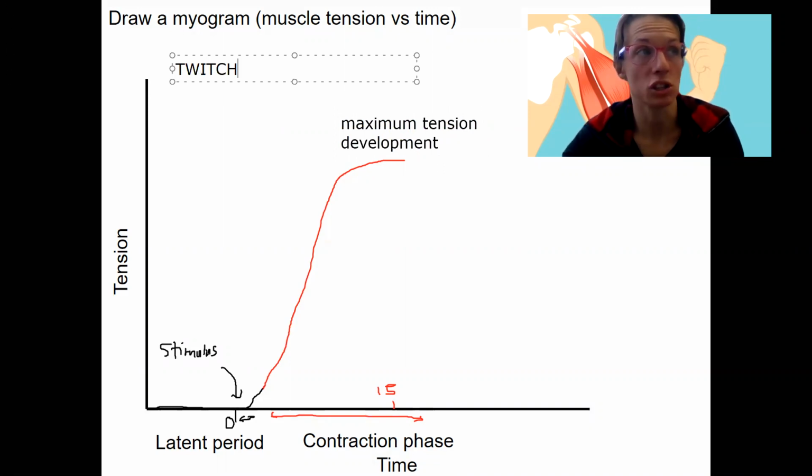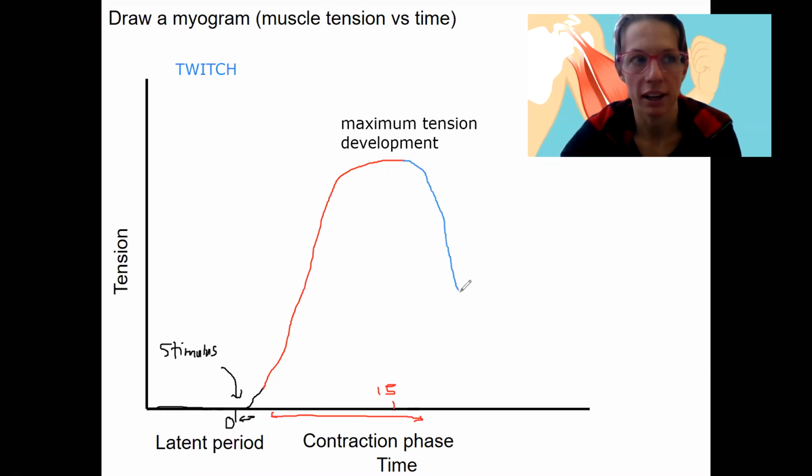After maximum tension development, after that contraction phase, what happens? Well, the calcium is pumped back into the sarcoplasmic reticulum and we have relaxation. I meant to do that in a different color. Thought I changed it. There we go.